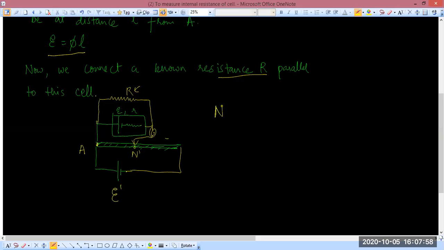Will we get the same null point? What do you think? Will we get the same null point, everyone?